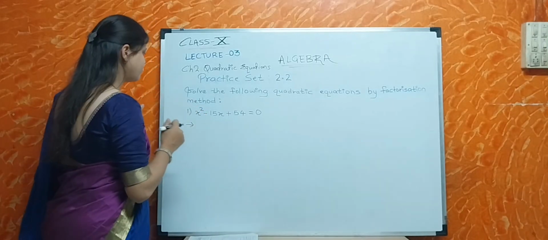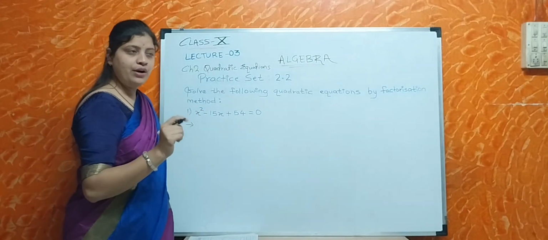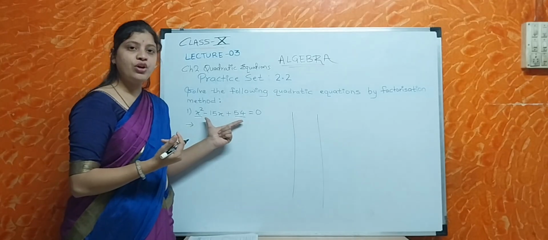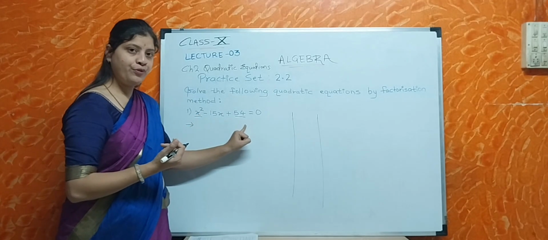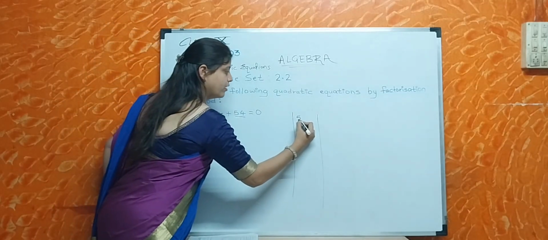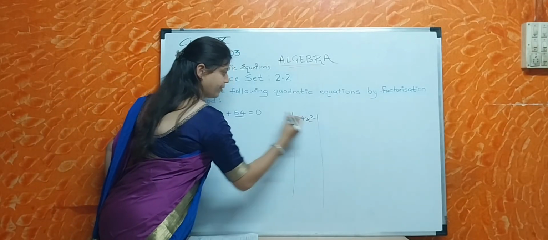So let us see step by step how to solve the quadratic equation by the factorization method. First step is you have to write the multiplication of the first term and the last term. See, x square into 54. What do we get? 54x square.